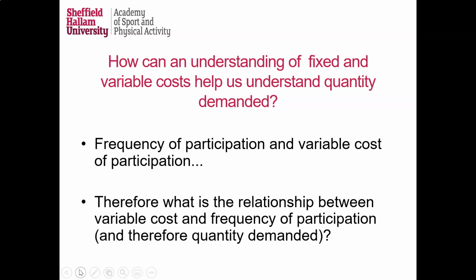Also, visits to the gym, they have a fixed cost element, but the variable cost is little or zero apart from time. And if we look at sports like running, swimming and going to the gym, and particularly running and going to the gym, they have some of the highest frequencies of participation. And overall, this can lead to a higher volume of overall demand.